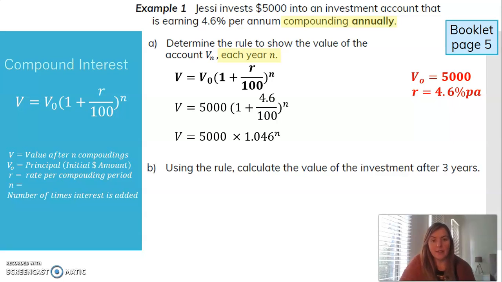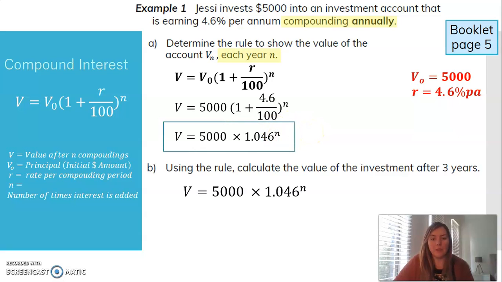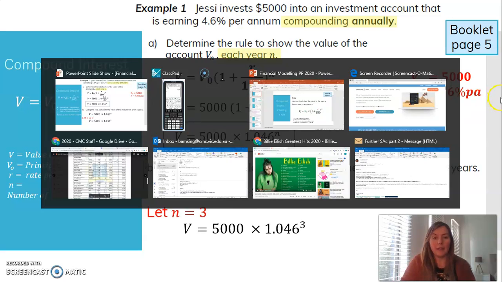Again, we identified at the start that our time periods, N, were years. So in this one, we've got 3 years, so I'm going to let N equal 3. I'm going to use this rule and substitute 3 into that N. So let's rewrite that down here, putting it to the power of 3. Again, I get my calculator.